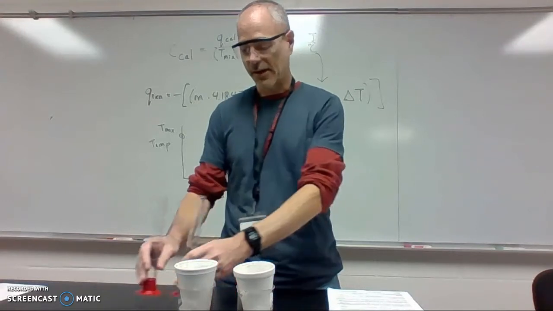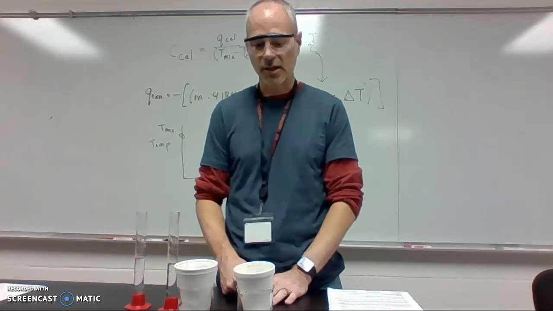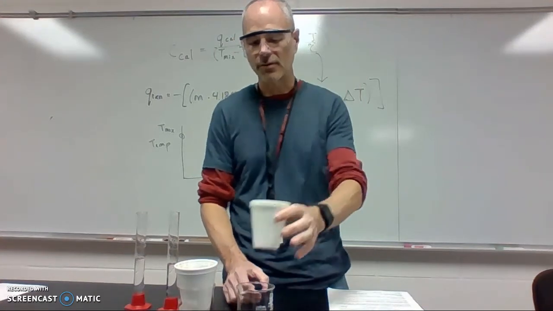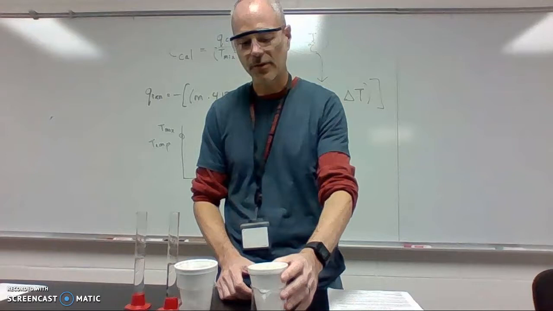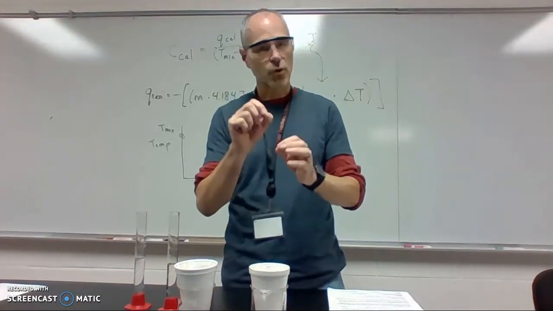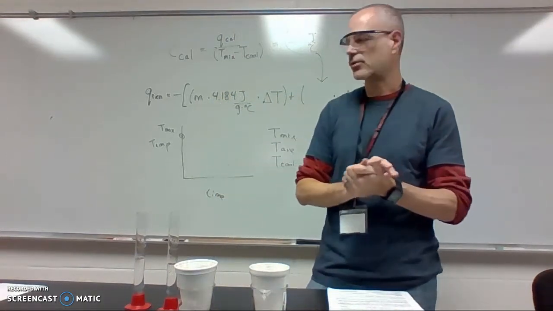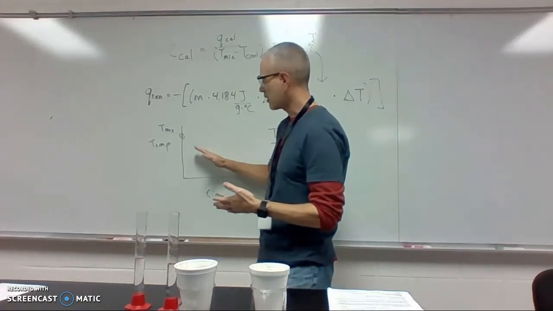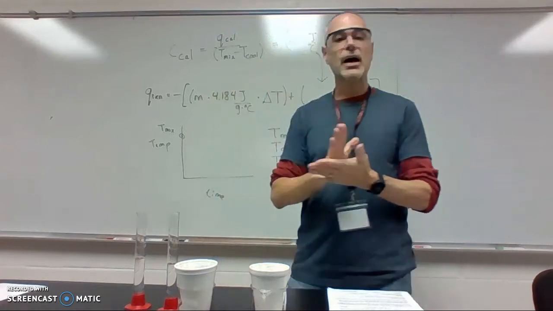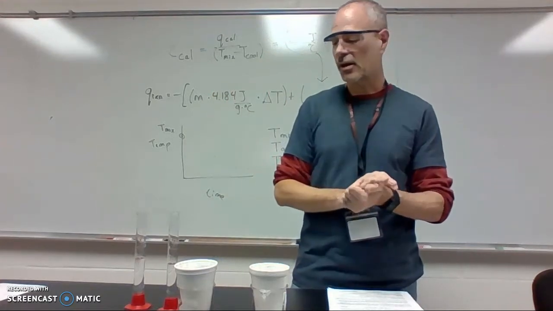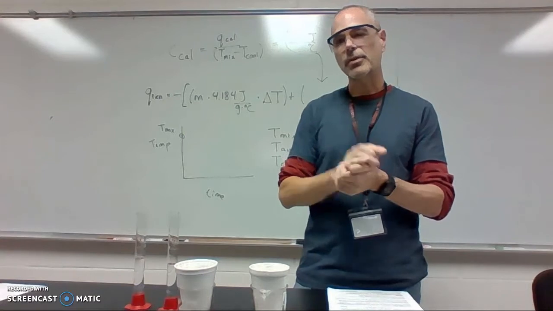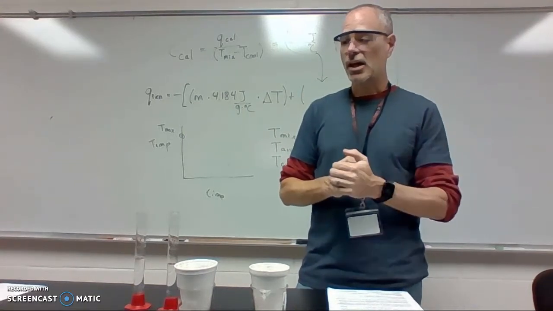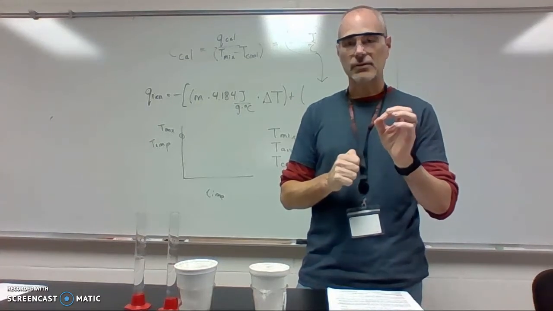But when I mix them together, and I stir in the coffee cup here, this is our calorimeter we're going to use, and record temperatures about every 20 seconds or so, and eventually put that into a graph, if I extrapolate that back and get the y-intercept off my calculator, it's going to give me a value probably a little bit lower than what I expected, the T average. And we're going to call that value a T mix.